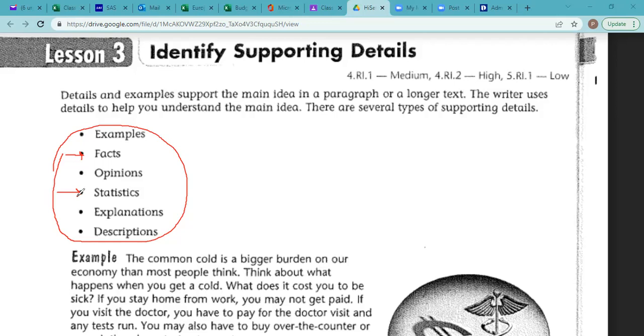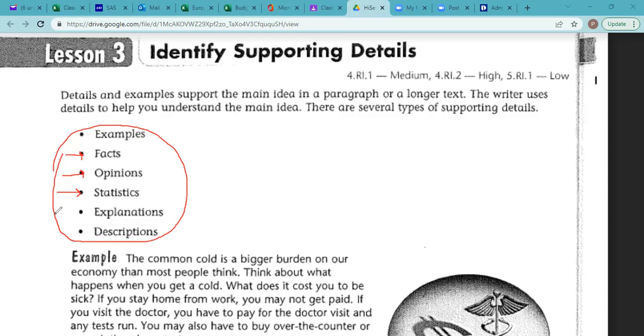Now, opinions. Remember, we talked about opinions and facts. A fact would be something that's true and proven. An opinion would be something about how you feel about something. It's your own opinion, or you might be reading about someone else's opinion. All right, and then explanations.